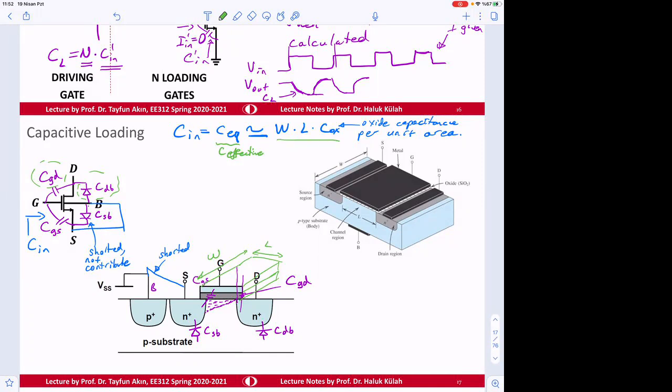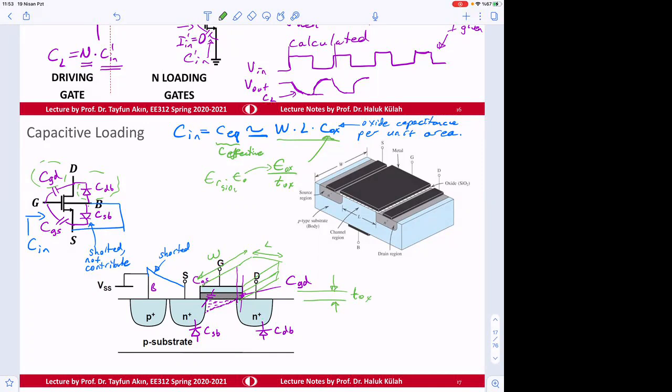Okay. So this value is going to be permittivity of oxide divided by T oxide. T oxide is this thickness, and permittivity of oxide is relative permittivity of silicon dioxide times permittivity of free space.